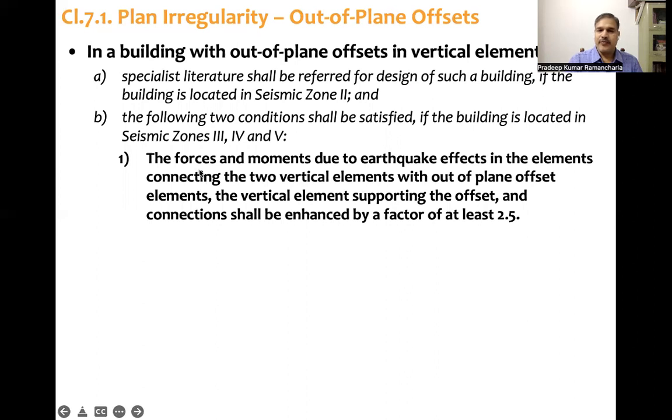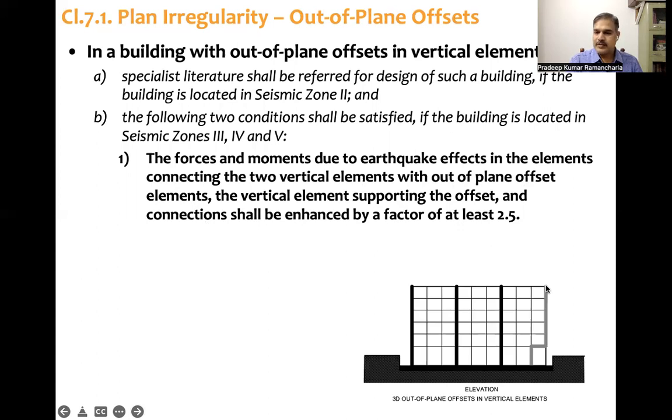So look at this carefully. The forces and moments due to earthquake effects in elements connecting the two vertical elements with out of plane offset elements. That means, you can see this is one vertical element, this is another vertical element. So this horizontal beam, this horizontal element, has to be designed for 2.5 times the load which is coming from the analysis, and also the vertical element supporting the offset.